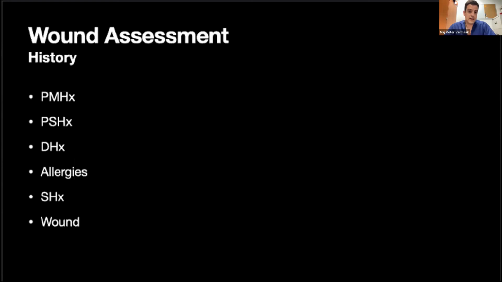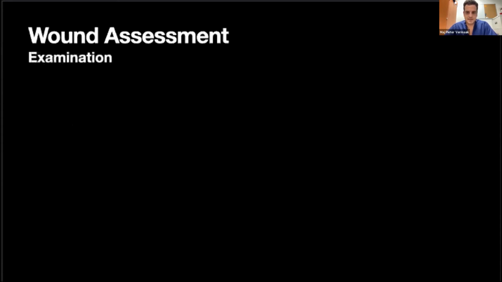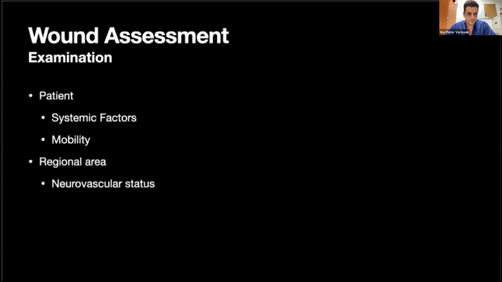And then lastly, you need to assess the wound. So once you've done your history, you will then go on to your wound examination or your wound assessment. And you'll then consider the patient. So there are systemic factors. What can you see? Are they malnourished? Are they well nourished? Are they mobile? People who aren't mobile are less likely to heal quickly and more likely to have certain wounds, like pressure ulcers.